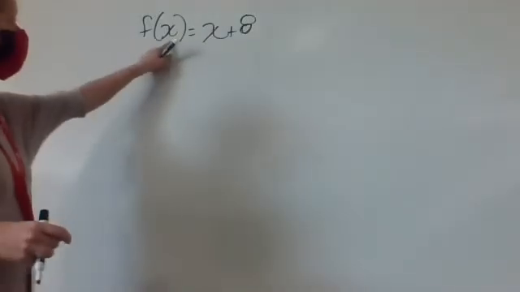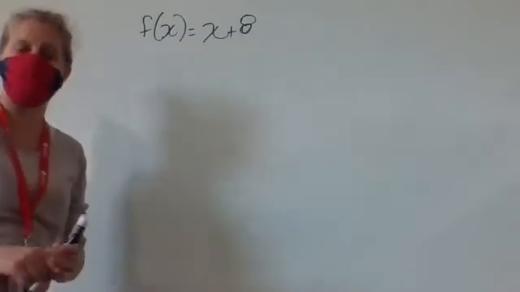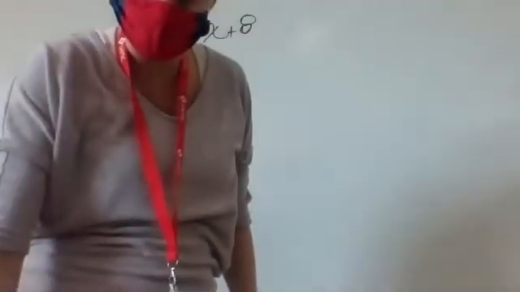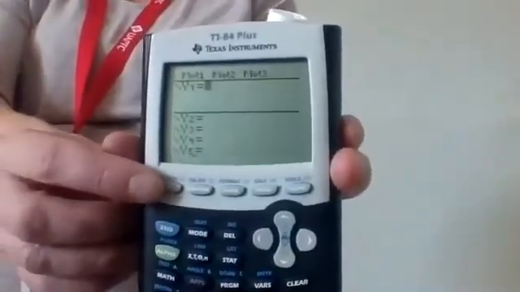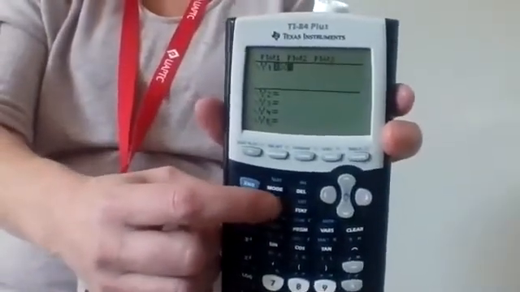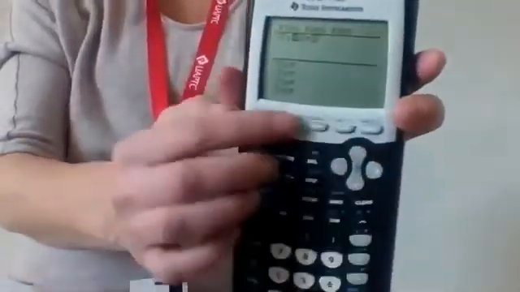Remember, f of x is the same thing as saying y, right? So I'm going to my y equals and putting in x plus 8. I go to y equals, clear it out, make sure there's nothing in there, and then type in x plus 8. Remember, your x button has all those letters on it, the x, the t, and all that. Then graph it, because what I want to see is what shape it is.